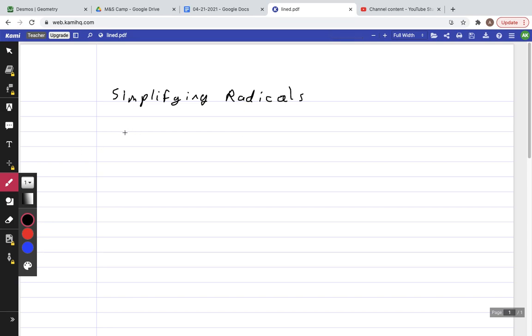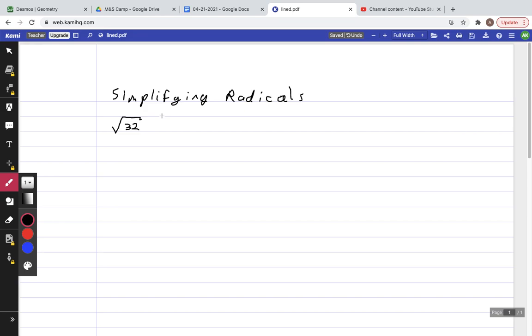Well, if we were to have something like the square root of 32. So, the square root of 32. Now, here's the thing.